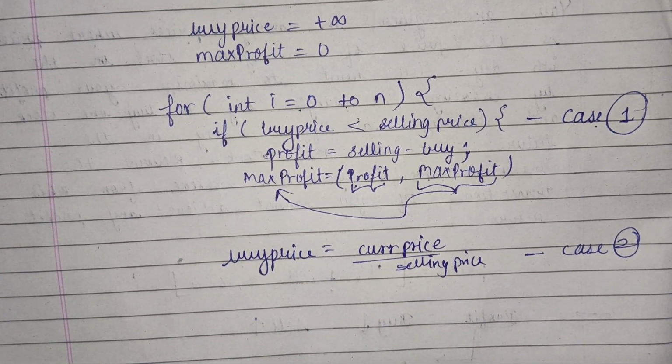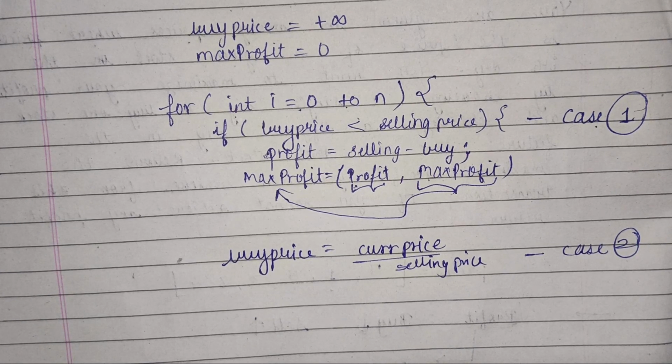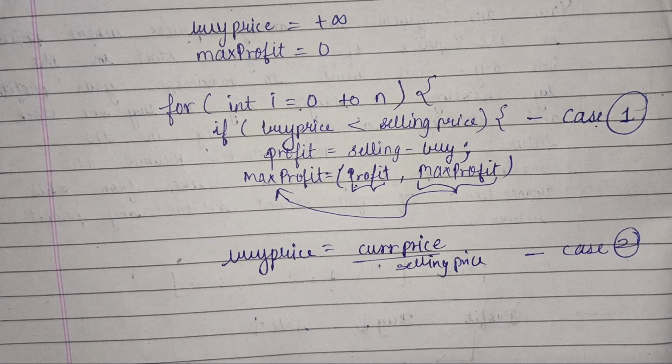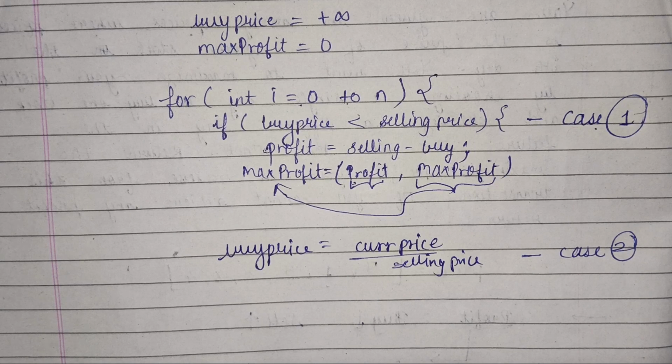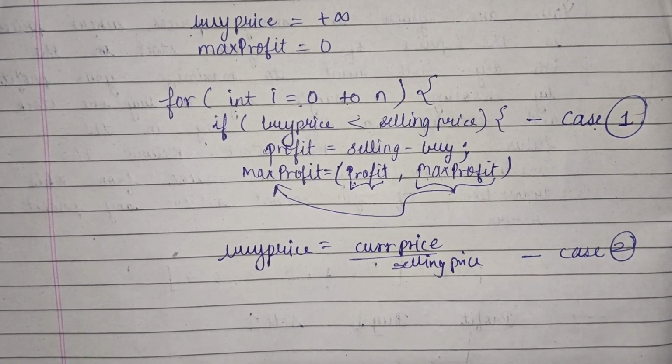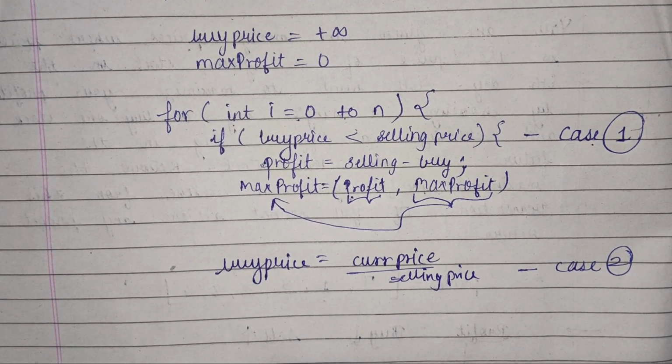We will update that current value into the buying price, because the current price or the selling price is less, so we will obviously not get any profit, so we will update the buying price to that value. So this is the way we will write the code.